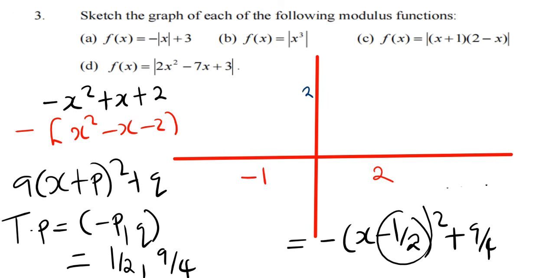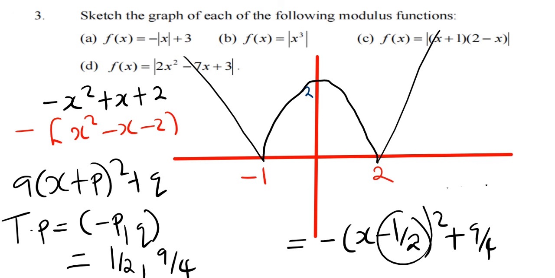Of course, our graph is going to go nicely like this. It's going to rebound and go like that, and it goes like this, and it goes like this. So that is going to be our graph.